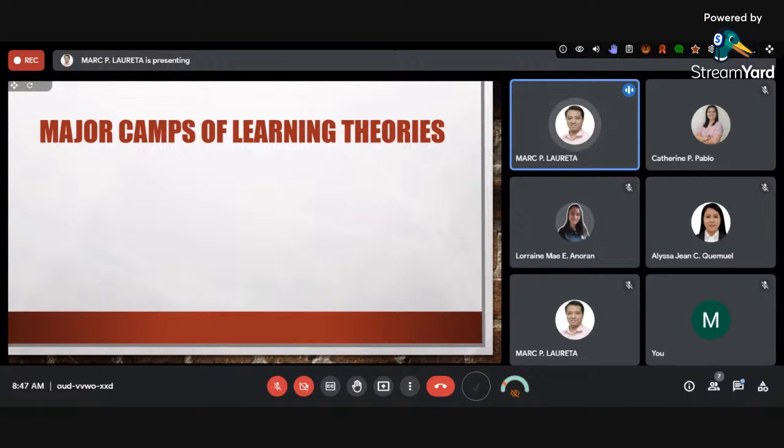When it comes to major camps of learning theories, based on the philosophical roots of knowledge acquisition, there are three major camps of learning theories that are relevant to instructional design. So the first is what we call behaviorism, which emphasizes the relationship between stimulus and response. The second is cognitivism, also known as cognitive information processing.